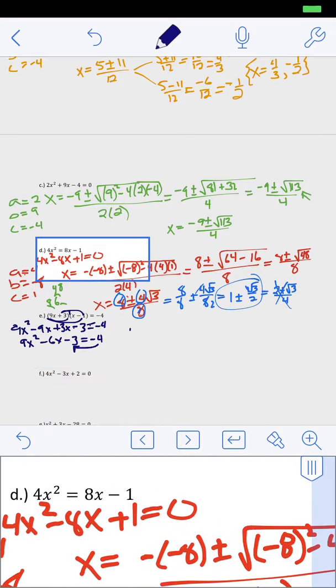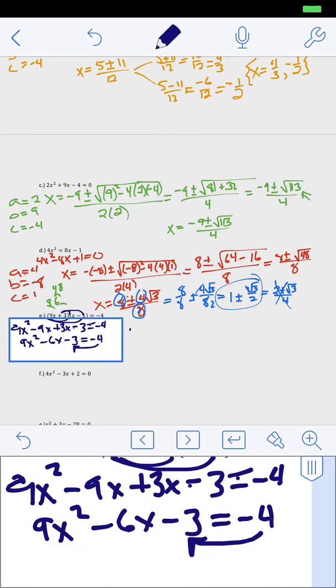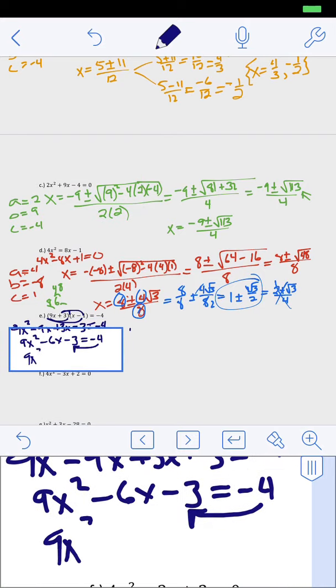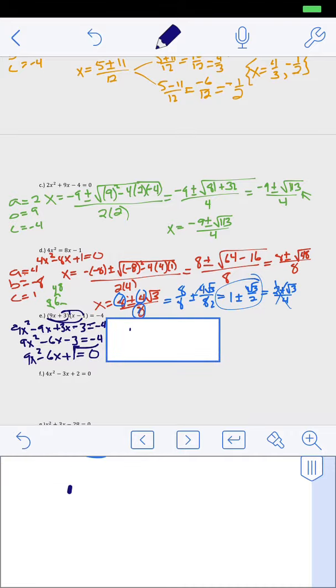I can't use any of this until it equals 0, right? So I end up with 9x squared minus 6x, see, plus 4 to the other side, plus 1 equals 0. Now I can use my quadratic equation. Let's not do red though. Let's do orange.